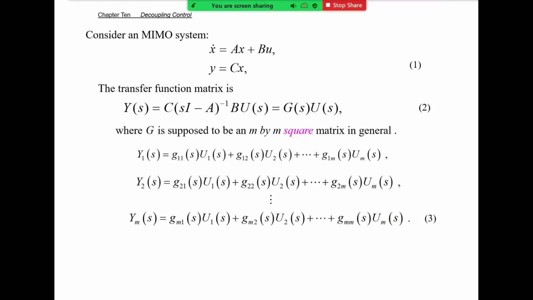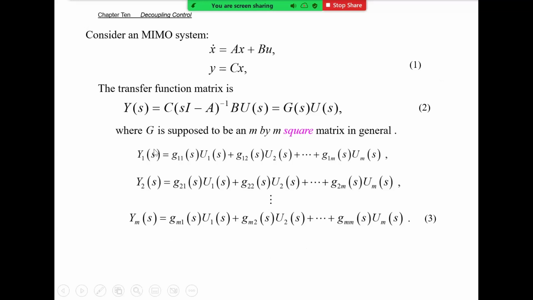We have obtained the transfer function, and we know that the transfer function for multiple inputs and multiple outputs will be a matrix. If there are n inputs and n outputs, the number of inputs equal to the number of outputs, this matrix will be an n by n square matrix in general.